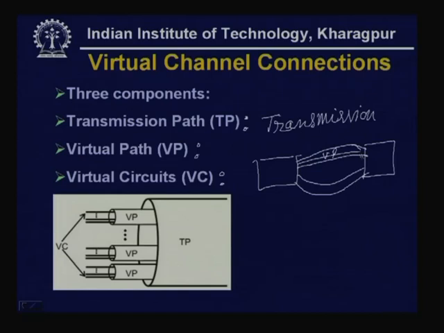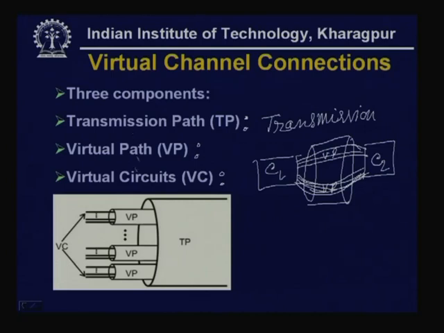All the VPs together form the transmission path between city C1 and city C2. Then within each virtual path you can have several virtual circuits. For example, a highway can have several lanes, 5 lanes, 8 lanes, and they form the virtual circuits within a virtual path.